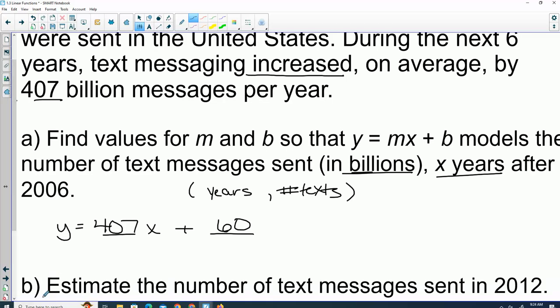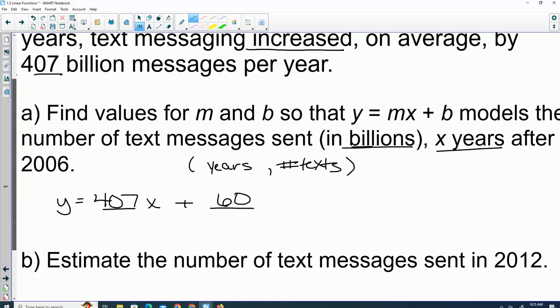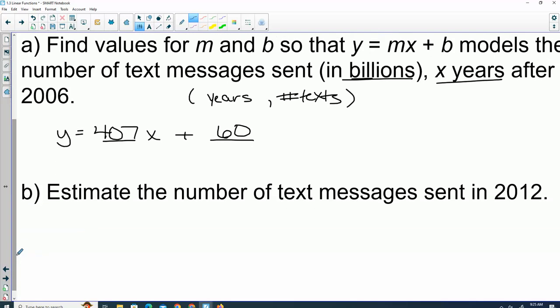Think of it as your y-intercept is like your one-time thing. It's where we started. Okay? The slope is what happens every year. Every year it was going up 407. So we could use our equation to estimate the number of texts sent in 2012. X is the years after 2006. So for 2012, x would be what? 6. That's 6 years after 2006.